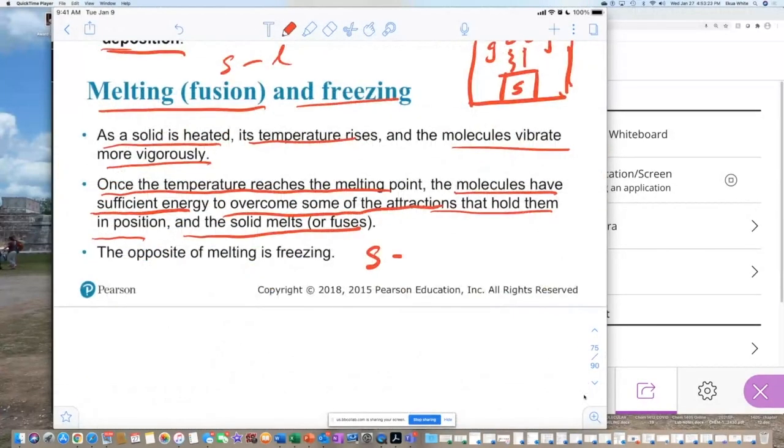So the solid becoming a liquid. You have to apply heat, giving the solid molecules enough energy to break free from the attraction that was holding them back in position. So, of course, melting is the opposite of freezing. This is melting. And then freezing is going from liquid to solid, right? This is freezing.